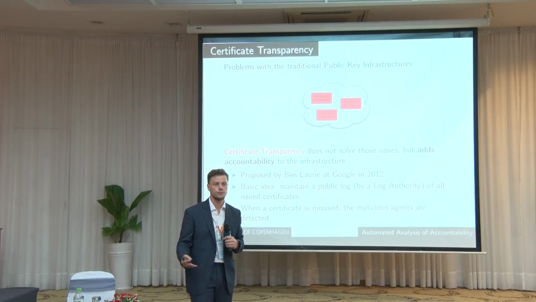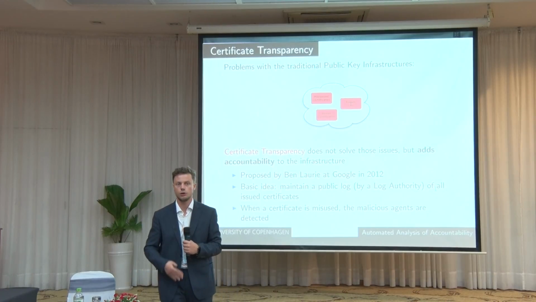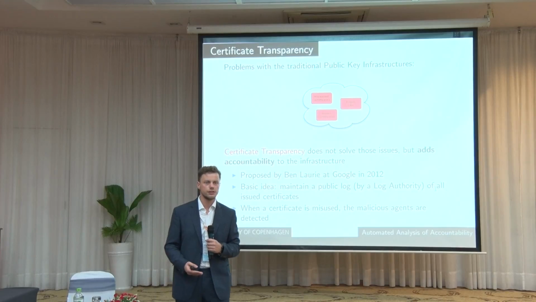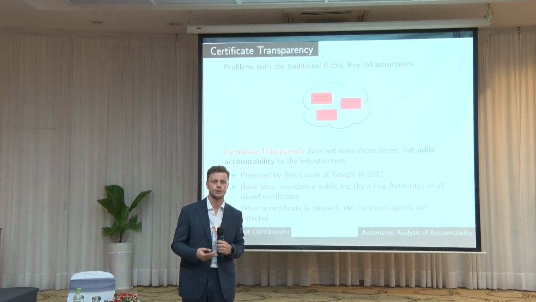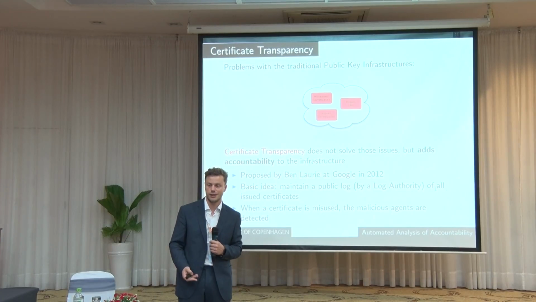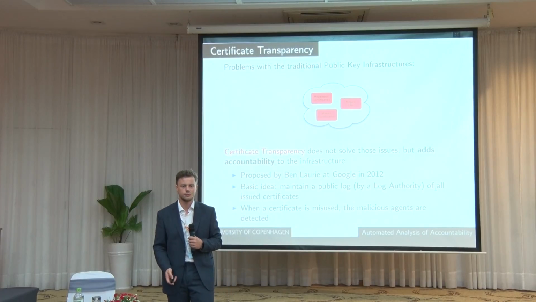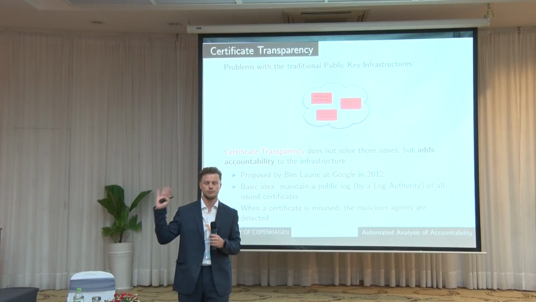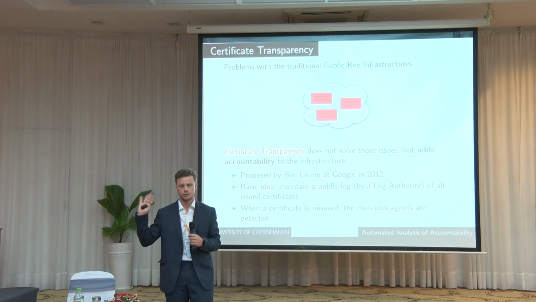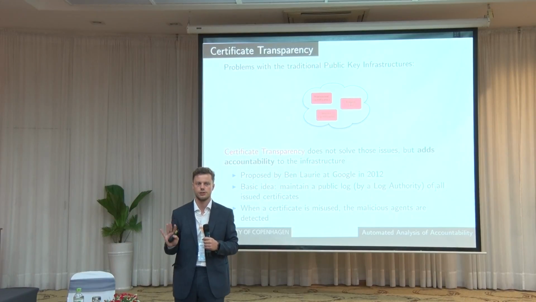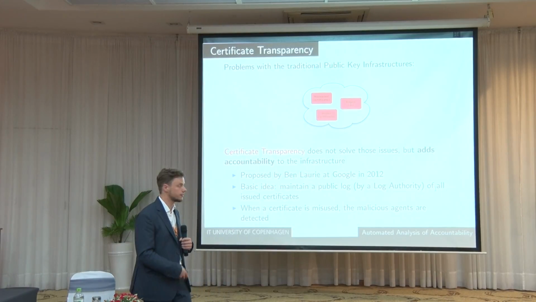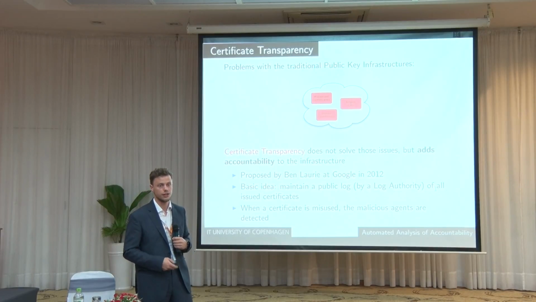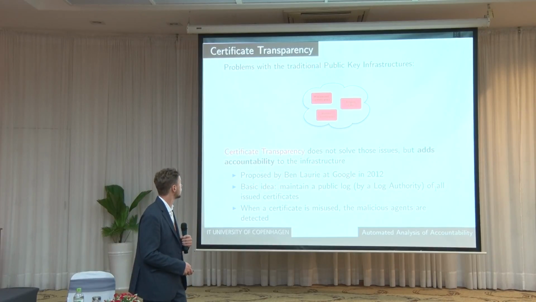And so it's very easy for an entity to just audit the log and see whether there is a certificate that's produced for them. If this is the case, then the entity can just say, hey, I didn't ask for that certificate, what's going on? And then the dispute resolution can happen from there.